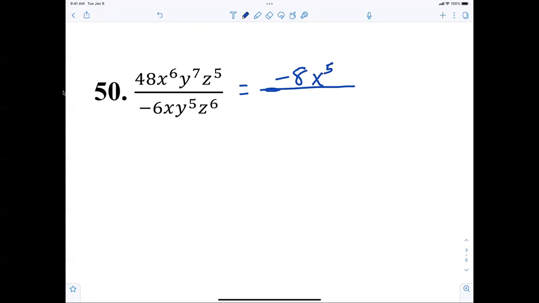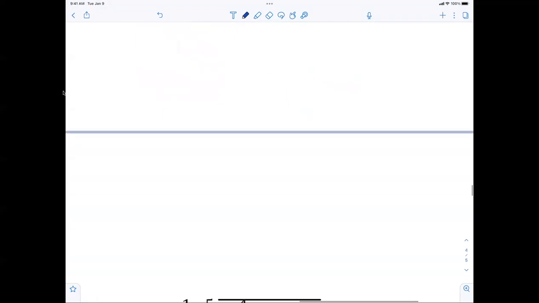Then what happens to the y's? Z's on the bottom. Yes. There you go. Come on, guys. All right. Dividing, you're subtracting. Dividing, you're subtracting. Handling the numbers like normal.